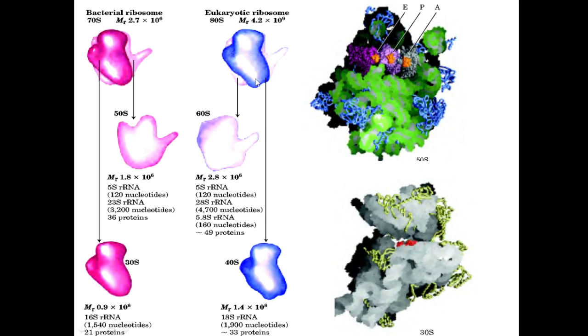Really, ribosomal RNA provides the carcass of the ribosome, and proteins provide the main functional events in translation.